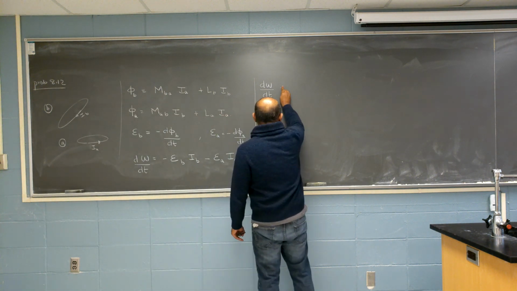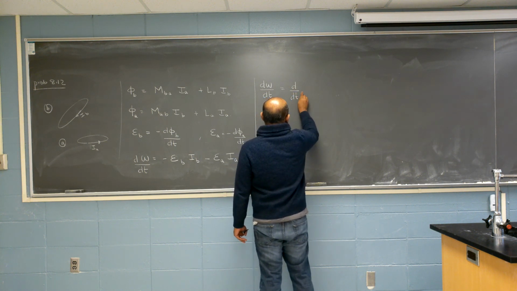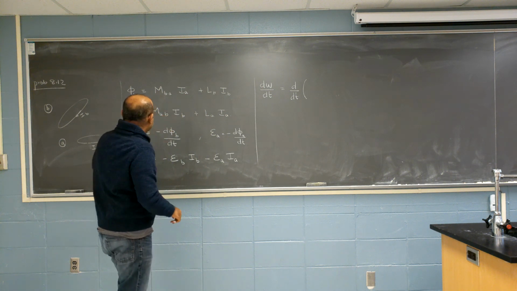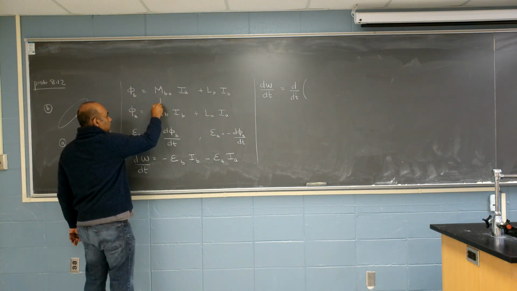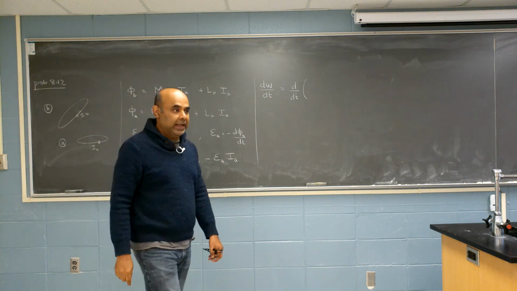And so I get E_B, which is d/dt of phi B. Let me put this in. Now, mutual inductance is the same, so I don't need to put BA and AB.